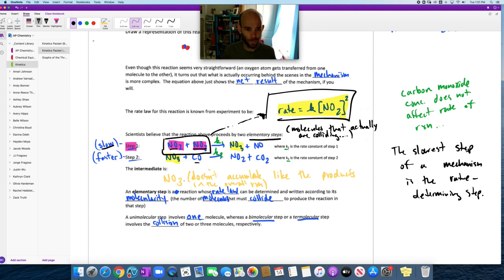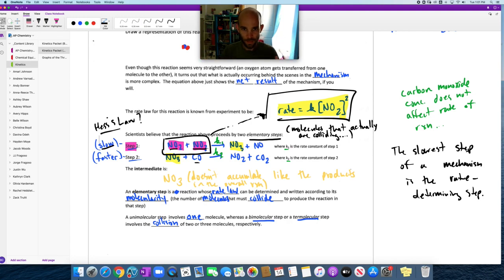Okay, so we have a step whose molecularity matches or accords with the known overall rate law, and a mechanism which adds up to the overall reaction. Do you remember Hess's law? Of course you do.